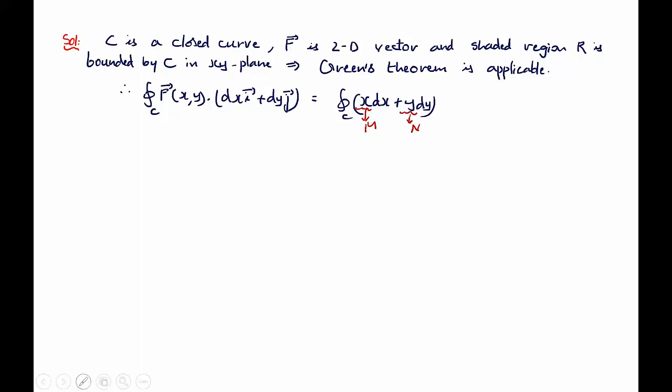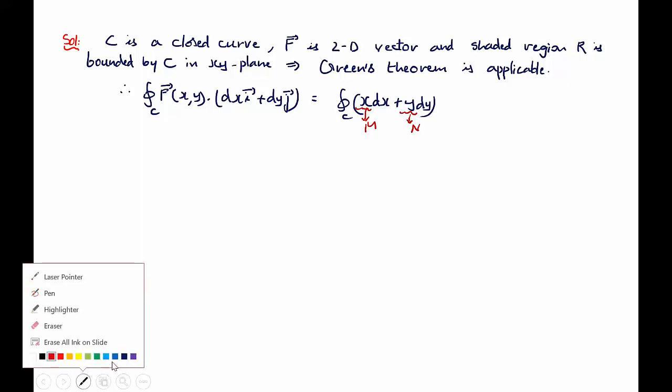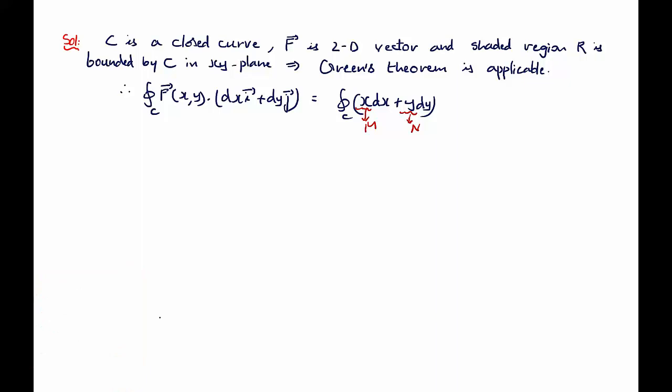So what is Green's theorem? The integral over C of M dx plus N dy is equal to, the line integral becomes a double integral over R of (∂N/∂x minus ∂M/∂y) dx dy. I'm not writing the limits.